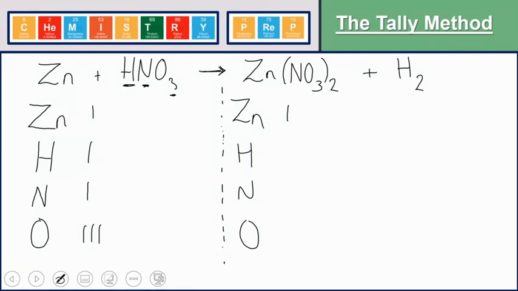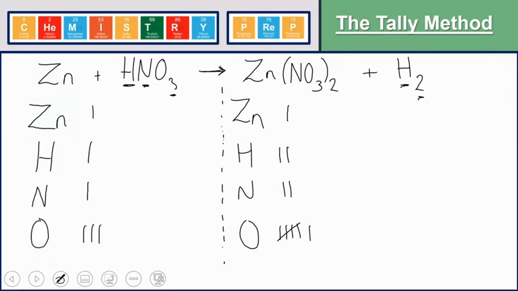So for the nitrogen, I need 1, 2, just because I'm using just this little 2 here. The oxygen, it's 2 times the 3, so that's 6 in total. How many hydrogens have I got? Well, this little hydrogen here has only got a 2 next to it, so 1, 2. Okay, that's potentially a bit scary, but let's have a look what we can do with it.